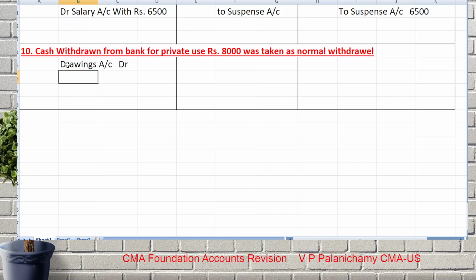Drawings account debtor to which account? Bank account. But what have we wrongly put? Cash account debtor to bank account. Normally, if you withdraw, it will be cash account debtor to bank account. Now what should be debited? Drawings. That is the correct treatment.